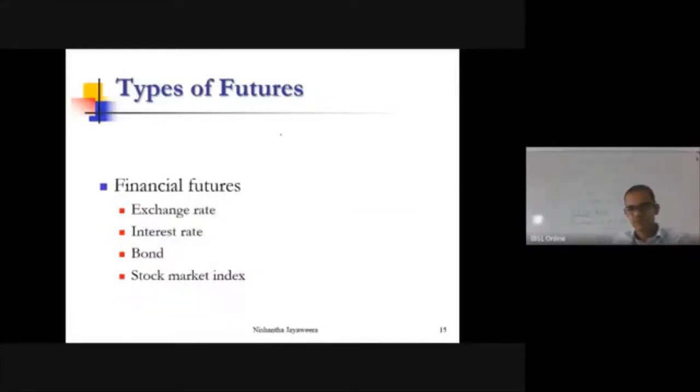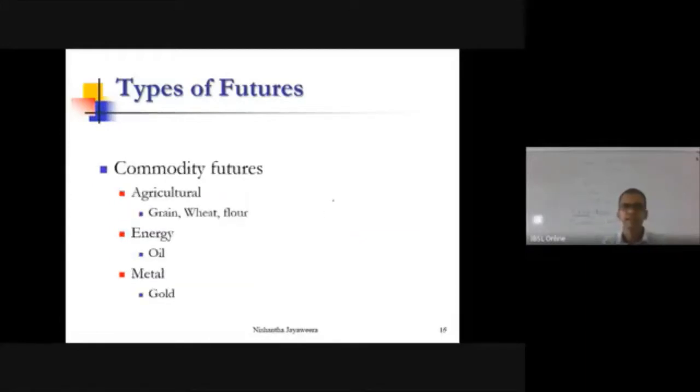So, types of futures contracts. The underlying can be exchange rate, interest rate, bond, and mostly stock market index. There can be instances where futures are traded on individual stocks. Then commodity futures, where the underlying of the futures contract is a commodity. It can be agricultural, energy, or metal.